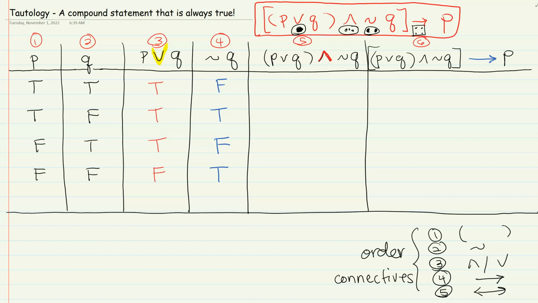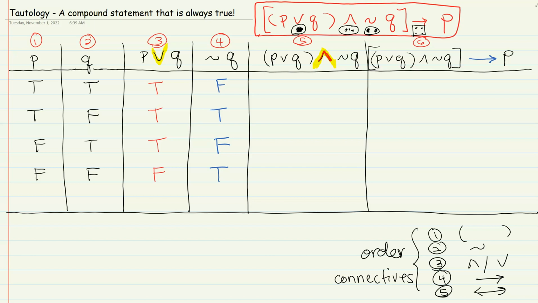Okay, next we are combining column number 3 and column number 4 with the connective and. And means both have to be true in order for your and statement to be true.